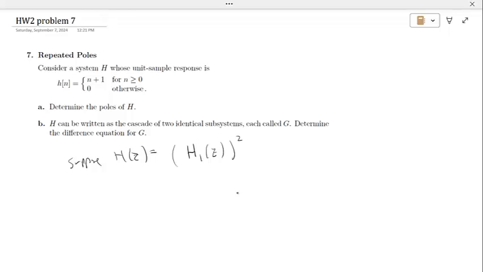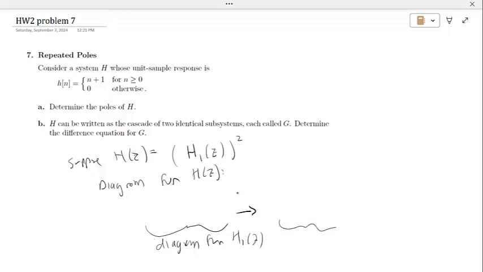So the system diagram for h of z is just going to be the diagram for h1 of z, and then an arrow here, and then the diagram for H1 of Z again. Okay, so whatever diagram this is, I don't know what it looks like, then another one there.